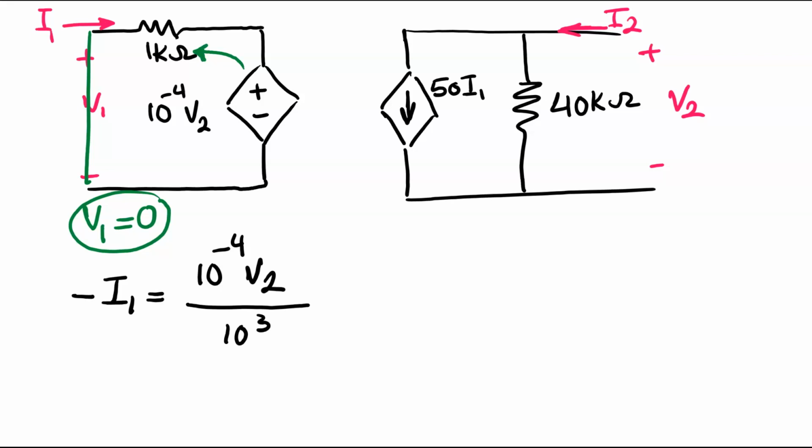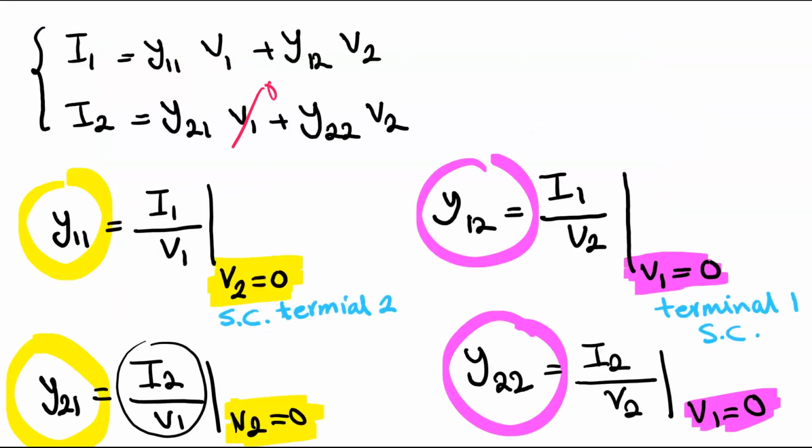So here I have an equation which describes the relationship between I1 and V2, and according to my set of equations, y12 depends on the relationship between these two parameters.